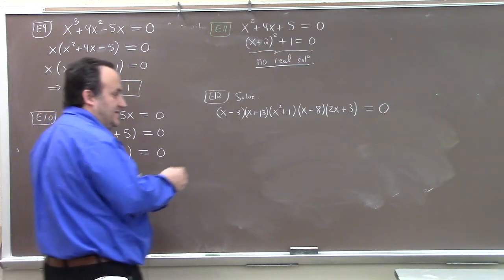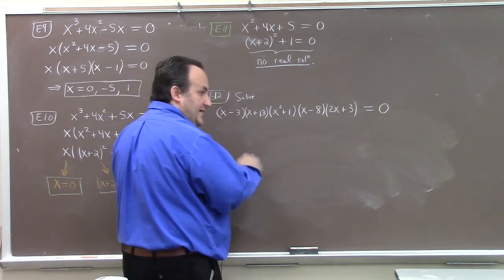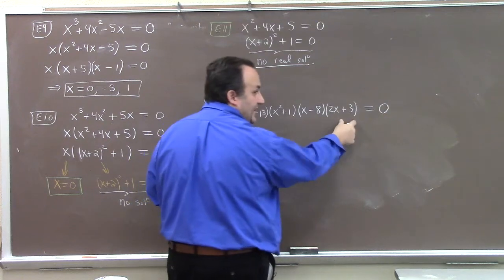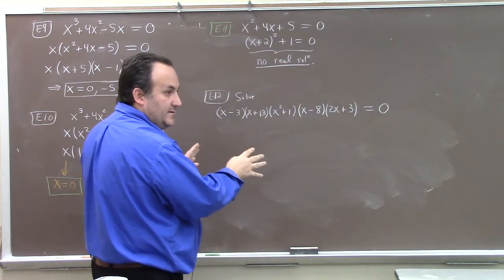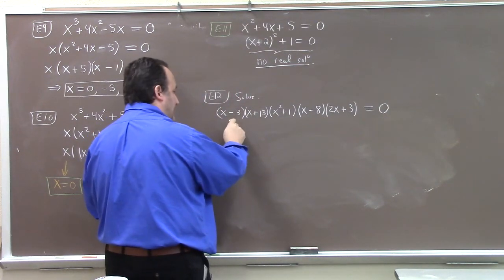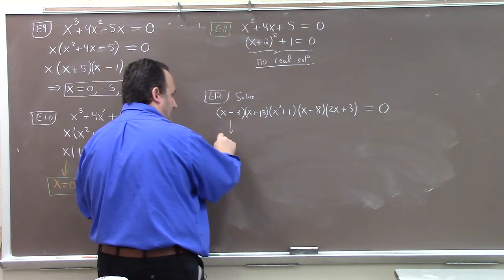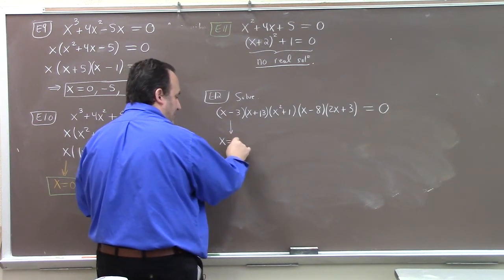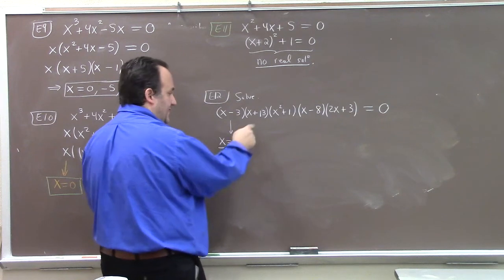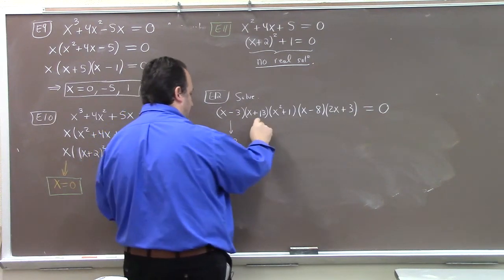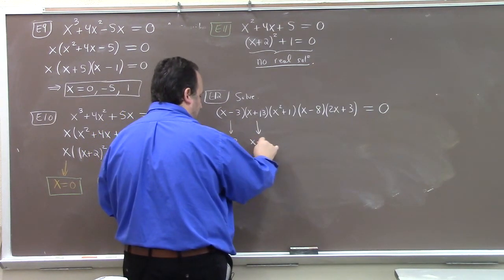Despite the fact that this is a big, ugly problem, it's actually 1, 2, 3, 4, 5 small problems. How about x minus 3? Can this be 0? It can. We just make x equal to 3, right? x plus 13, can this be 0? It can. We just make x equal to minus 13.